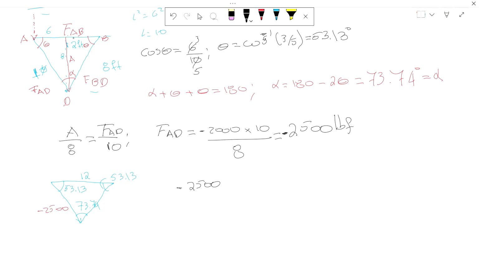Let's try to find F A to B. The ratio of 2,500 with the sine of 53.13 is the same ratio as F A to B with respect to the sine of 73.74.